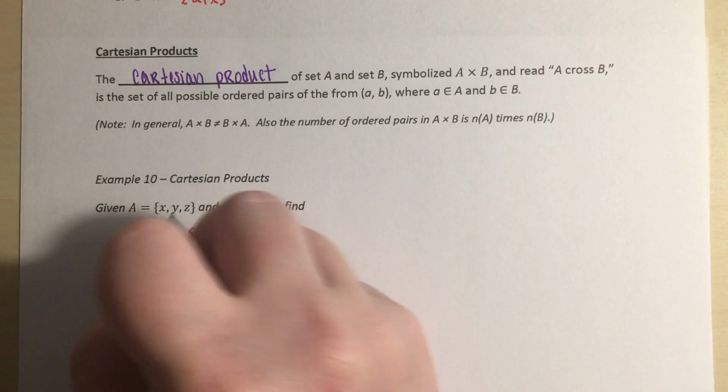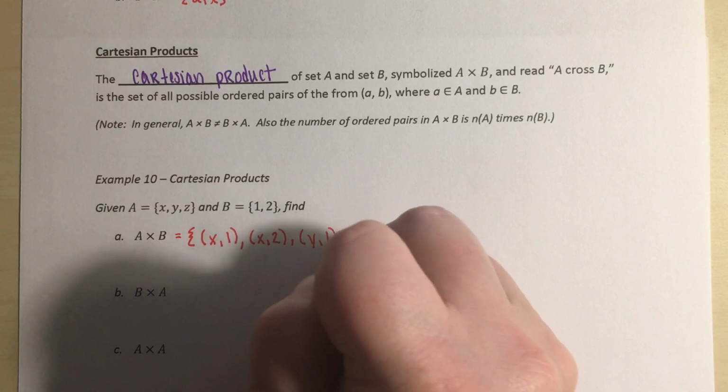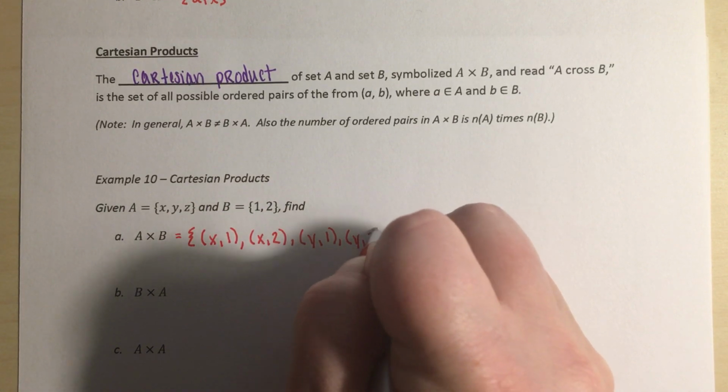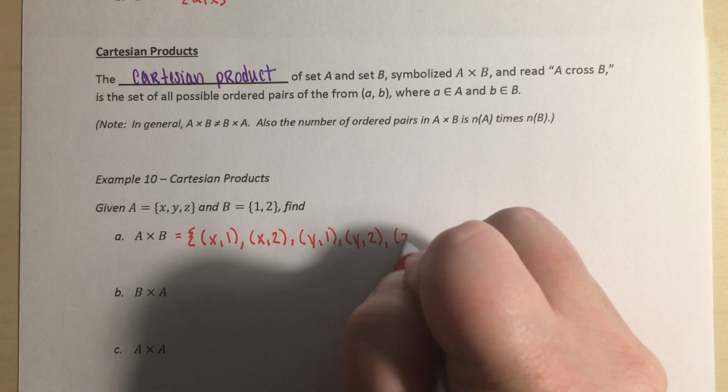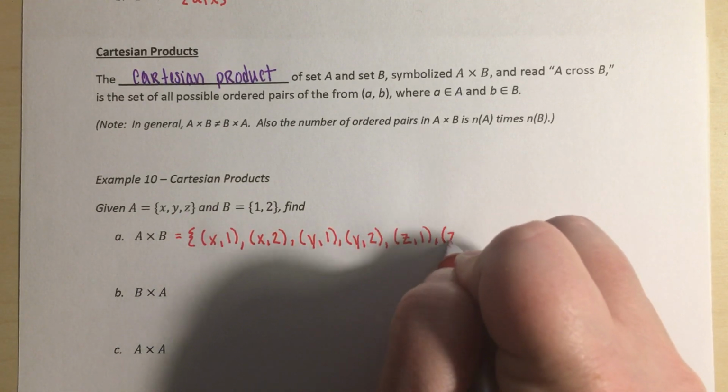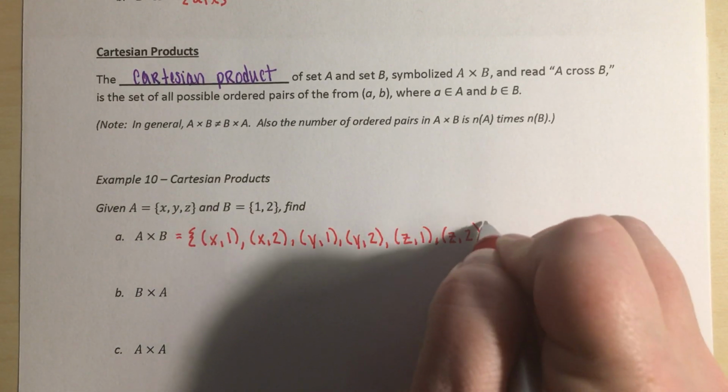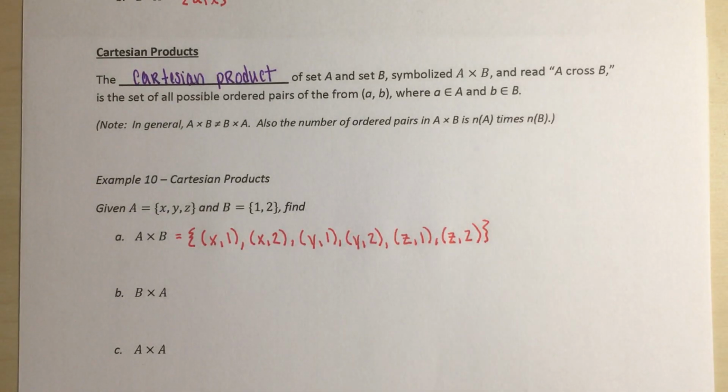Now I'm going to do Y and match it with 1 and 2. And then I'm going to do Z and match it with 1 and 2. And then we're going to close this off. So we have the ordered pairs X comma 1, X comma 2, Y comma 1, Y comma 2, Z comma 1, Z comma 2.